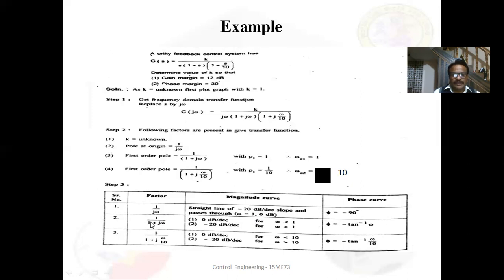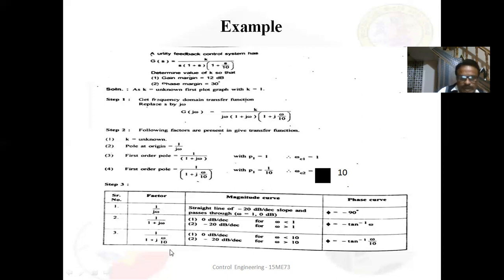Then coming to the first order factor 1 by 1 plus j omega, the magnitude curve is 0 dB per decade for omega less than 1 radian per second, then minus 20 dB per decade for omega greater than 1. The phase angle is tan inverse of imaginary part by real part, minus tan inverse of omega. The real part is 1 and the imaginary part is omega, so this will be minus tan inverse of omega by 1.